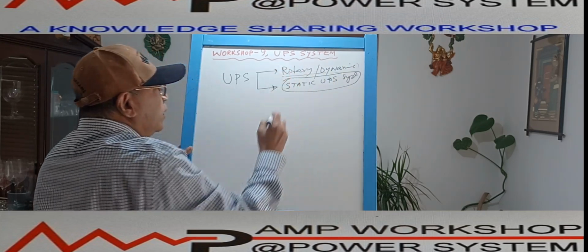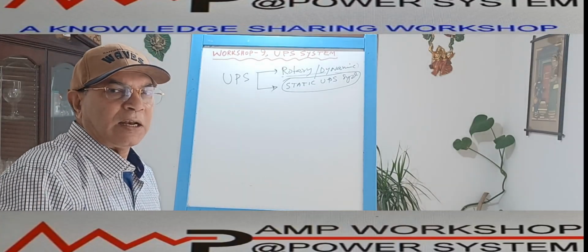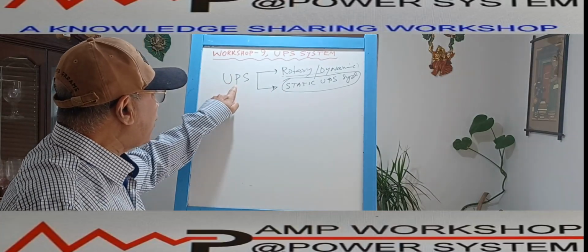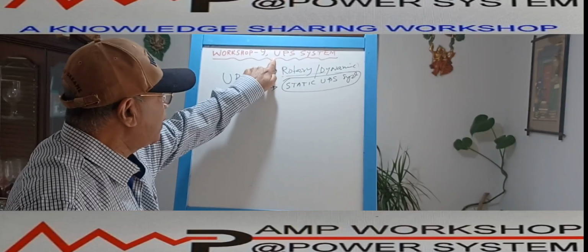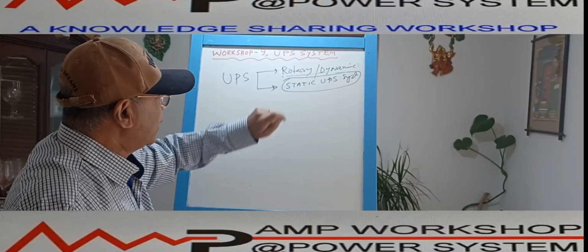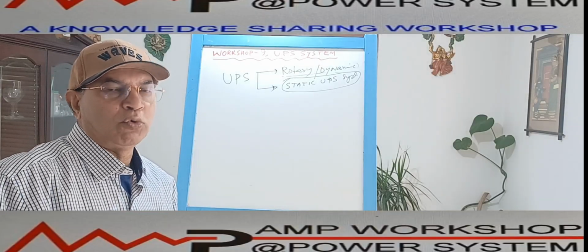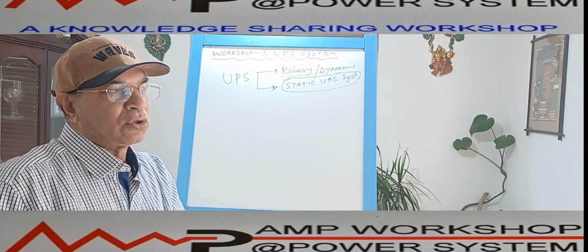but I just want to give a small highlight so that we will know how, in the old days, the uninterrupted power supply worked. UPS means uninterrupted power supply system. So in the old days, how did the rotary or dynamic UPS work? It is also sometimes called a motor generator set.